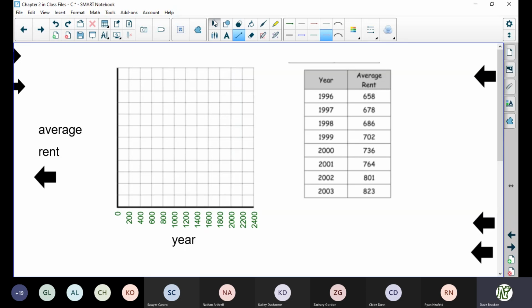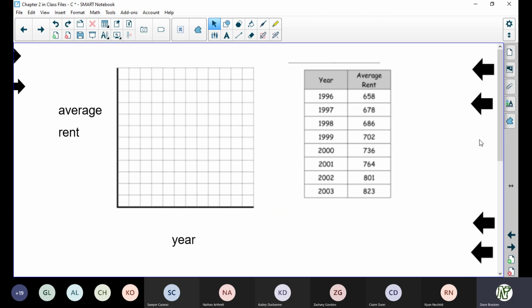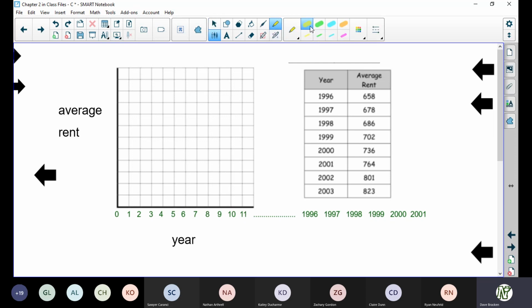And obviously this doesn't work. So here's the problem. This one didn't work because I couldn't get the numbers on. This one didn't work because they're so tight together. It's almost like I need a combination of these two. So are you guys understanding that we actually kind of need this scale right here that we started with? 0, 1, 2, 3, 4, 5, 6, 7. But we don't need any of these numbers.